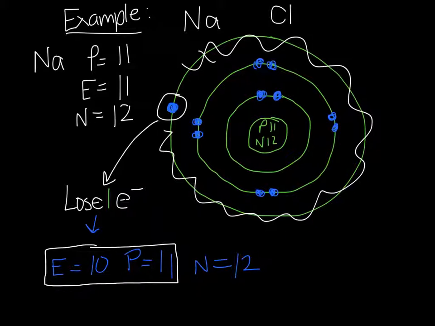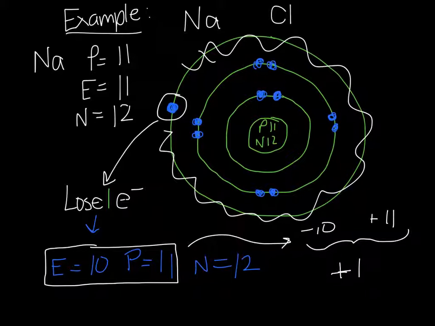Electrons are all negative. So we have -10 altogether. Protons are positive. That means we have +11 altogether. If you were to add those two numbers up, -10 and +11, what would you get? 11 minus 10 is +1.